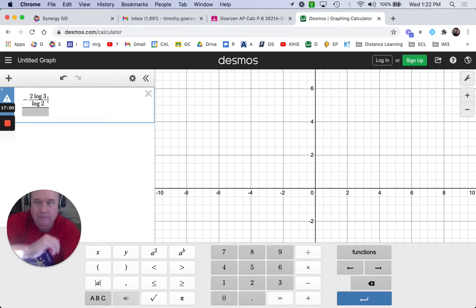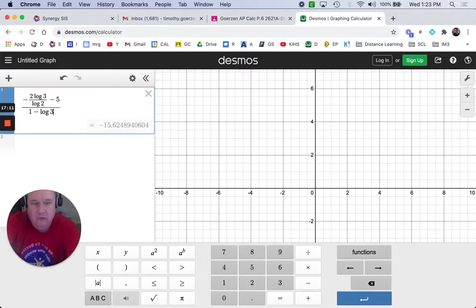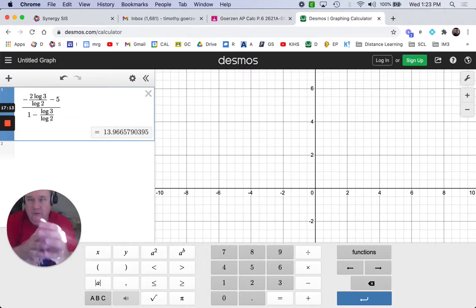Move the cursor. Subtract 5. Now in the denominator, we have a logarithm. So it's 1 subtract, and again, it's log 3 divided by log 2. So just take your time and type it in. Don't let it be complicated. And you have your answer, which is 13.967.